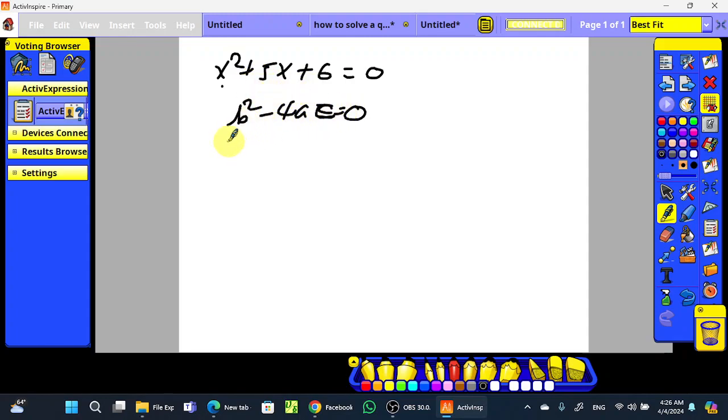So the first step in solving a quadratic equation using the completing the square method is to move the constant term of the given equation to the right.